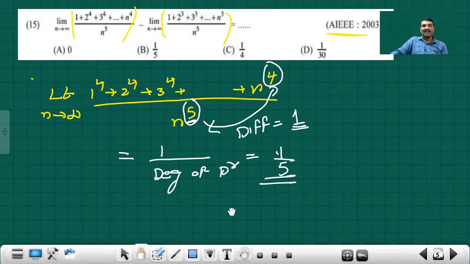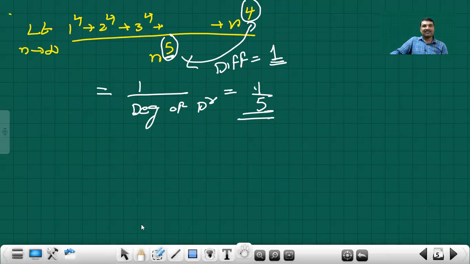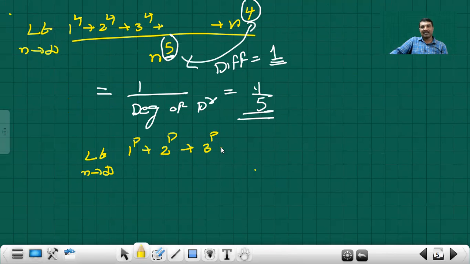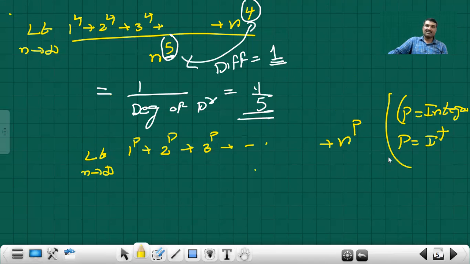For example, limit n tends to infinity, (1 raised to p plus 2 raised to p plus 3 raised to p plus ... plus n raised to p), where p is a positive integer, belongs to I plus, all divided by n raised to p plus 1.